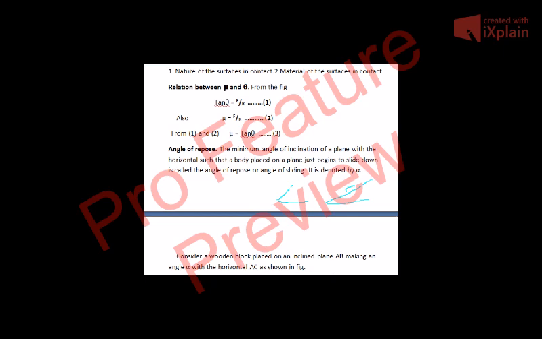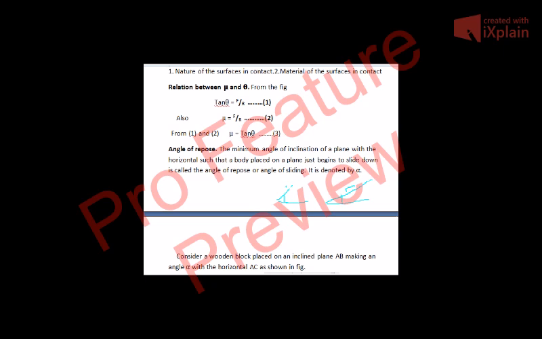The angle at which the body begins to slide down is called the angle of repose. So in the first case, we cannot call it an angle of repose, whereas here the body comes down, so this we can call an angle of repose.